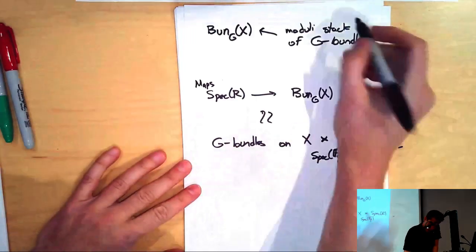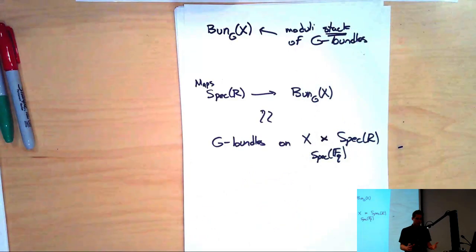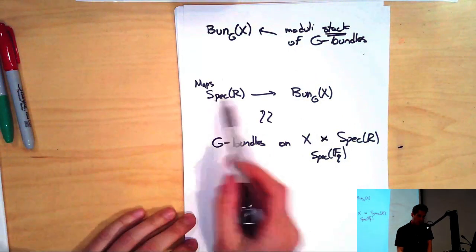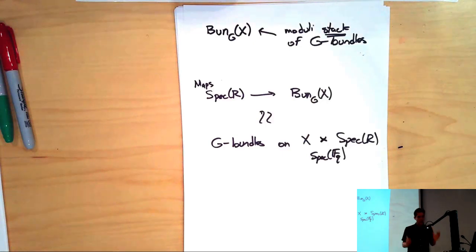So I'm using the word stack here. This is an algebraic stack, which means that when I talk about its R-valued points, that's not something you should think of as a set. That's something that you should think of as a groupoid, or as a category in which all the morphisms are isomorphisms. We want to talk not just about G-bundles on X and their isomorphism classes.